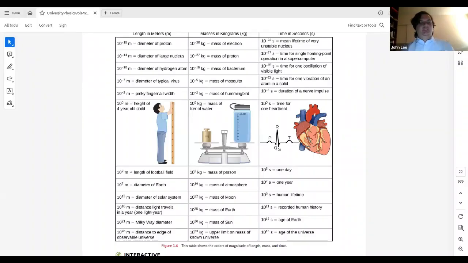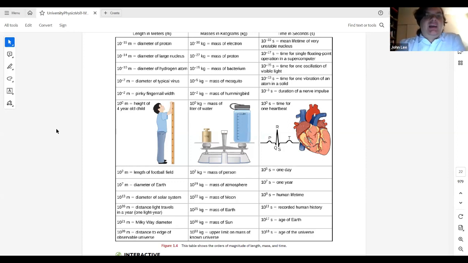And this is going to tell you the order of magnitude, the scientific notation, for several types of different length, mass, or time scales.